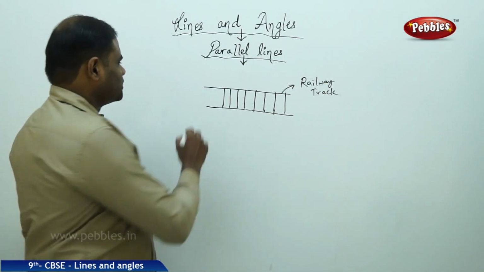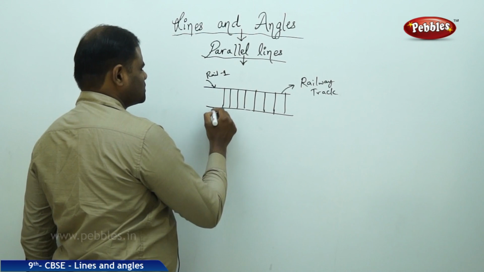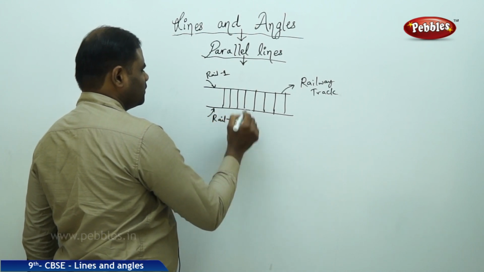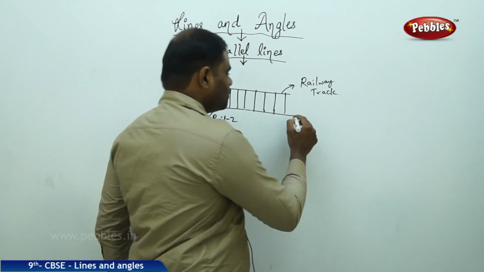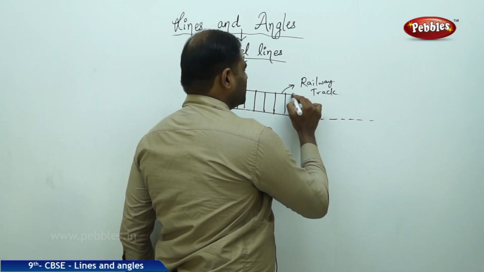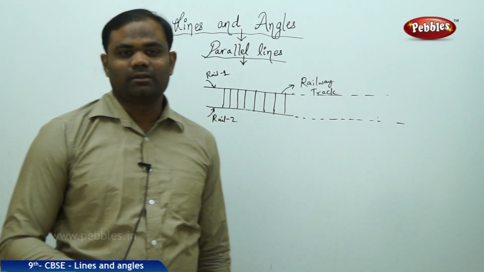The two rails, this is rail 1 and this is rail 2, and the two rails never meet, but they go on and on and on, but they never try to meet. This is how we understand the two parallel lines.